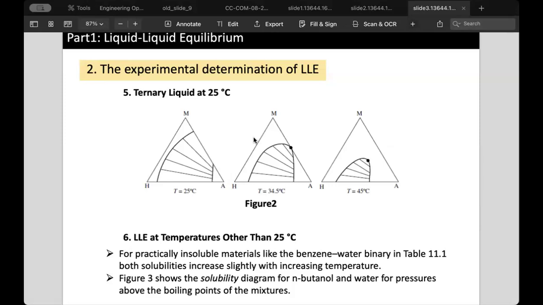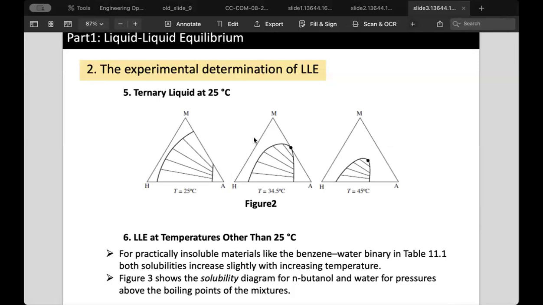First, you see that we have two separated regions for single phase, because that area is the area of liquid-liquid equilibrium. If temperature changes, the shape of the two phase region can change, and in this case it only touches.